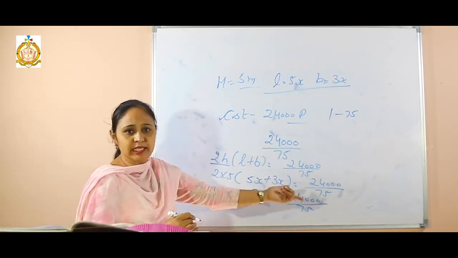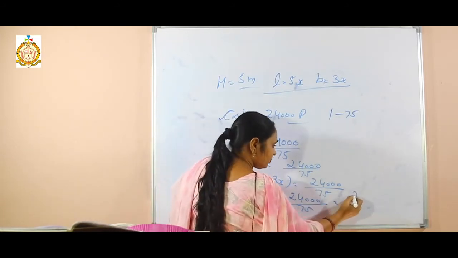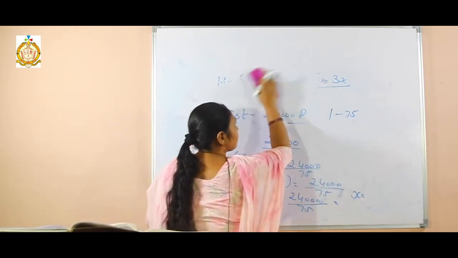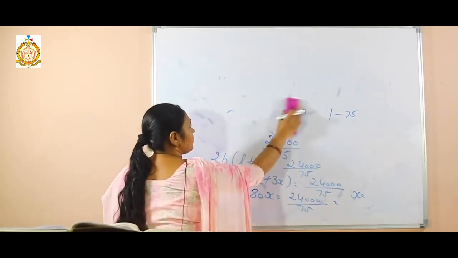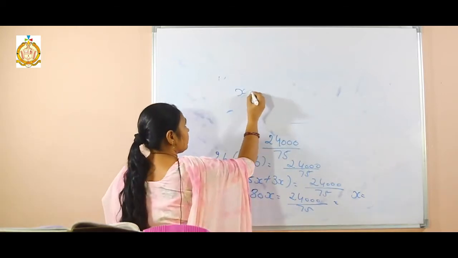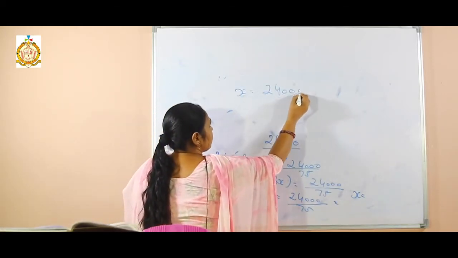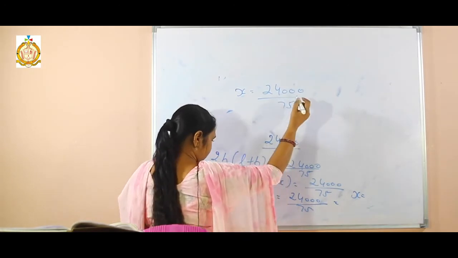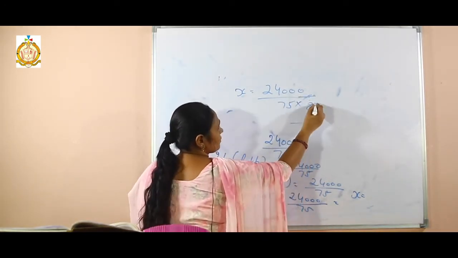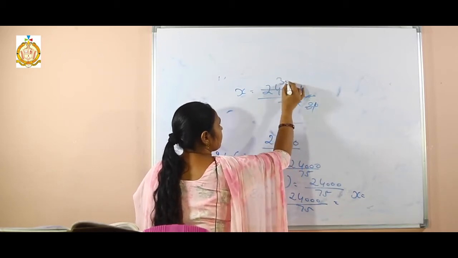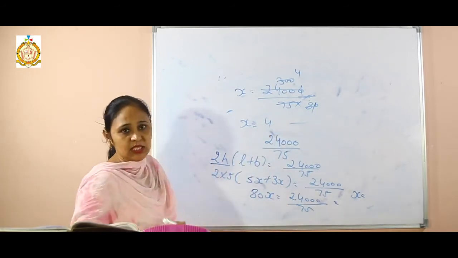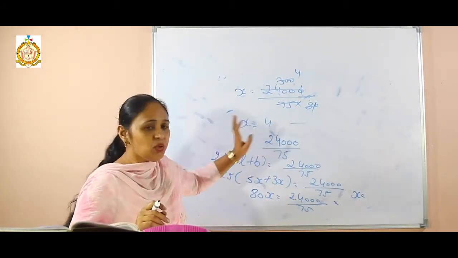Now this 80 goes to that side and divide. Just solve the calculation. And x will come now as 4.